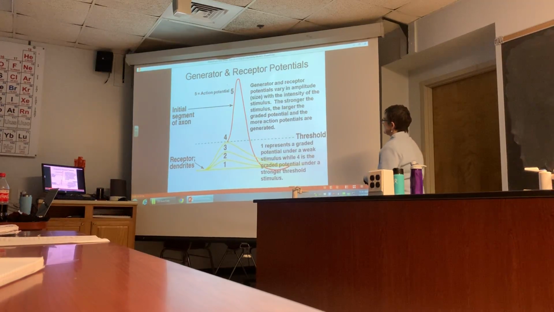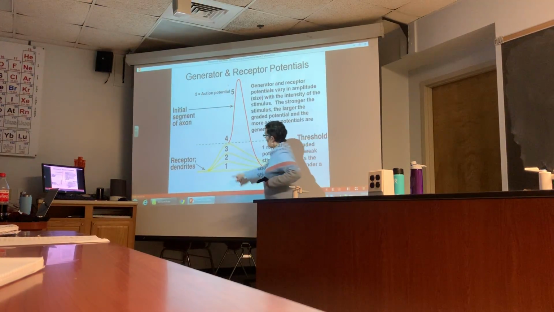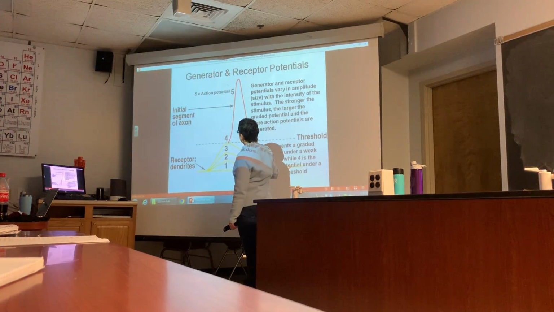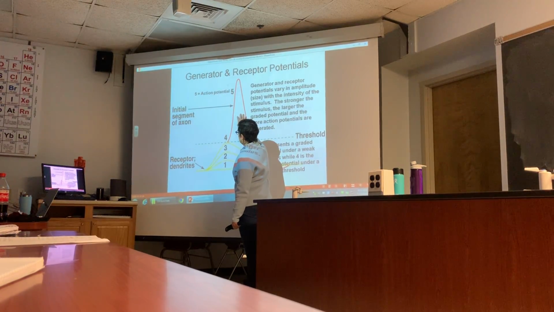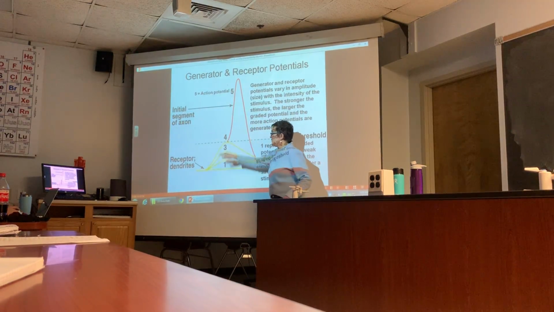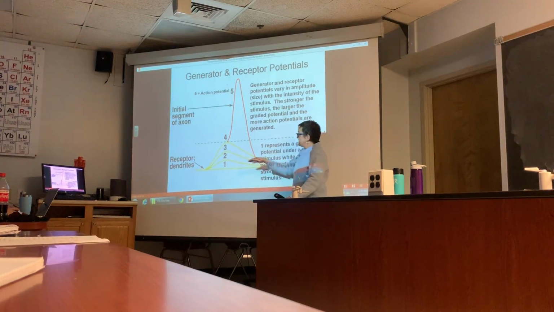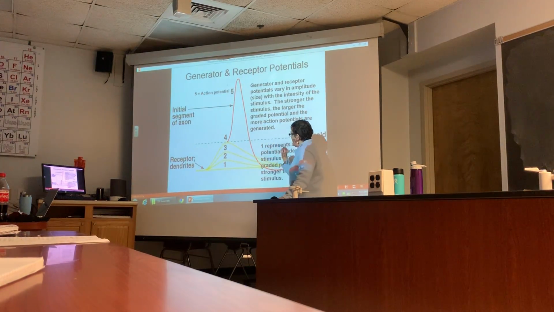This picture is showing you an action potential which happens in the axon, in the trigger zone of the axon, but to get this in the axon, you have to generate a strong enough depolarization, a strong enough generator or receptor potential to get to threshold.